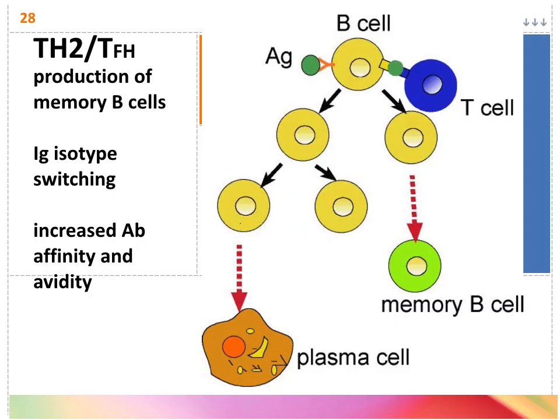The Th2 cell and the TFH cell or follicular helper cell are important in this way for the production of memory B cells, immunoglobulin isotype switching, production of antibodies with better affinity or binding and avidity to target. So here you have a B cell presenting antigen to a T cell.